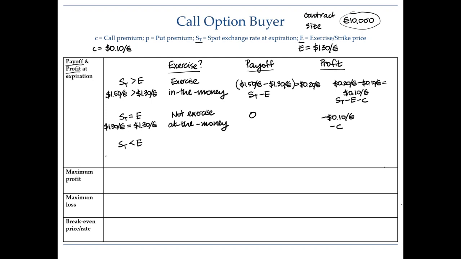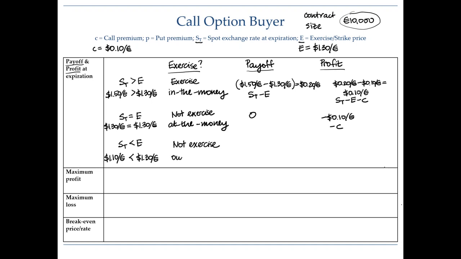But in the future, let's say the spot rate turned out to be $1.10 per euro, so that is lower than your exercise rate of $1.30. In that case, obviously you will not exercise this contract, because why would you exercise this contract and buy euros for $1.30 when you can go directly to the spot market and buy them for $1.10?